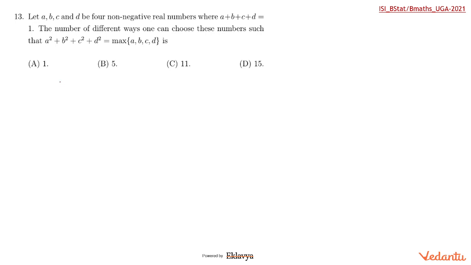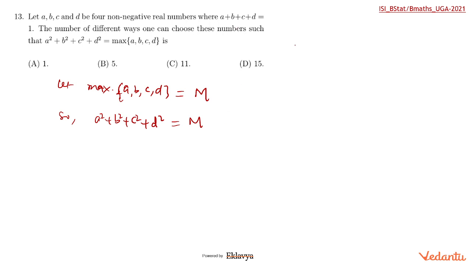We can assume here, let the max of A, B, C, D be some capital M. M is obviously one of these, so M is basically the largest of A, B, C, D. So A square plus B square plus C square plus D square is equal to M, as given in the question, and A plus B plus C plus D is given as 1.